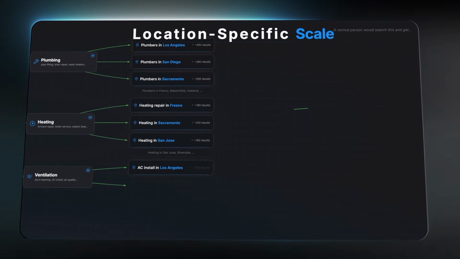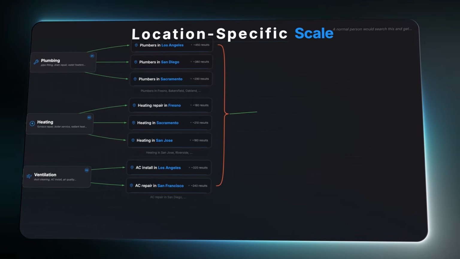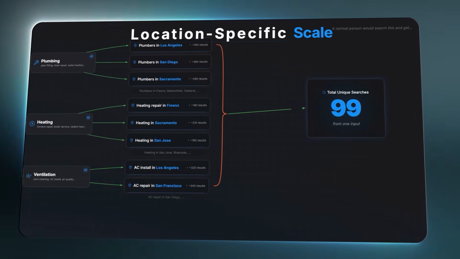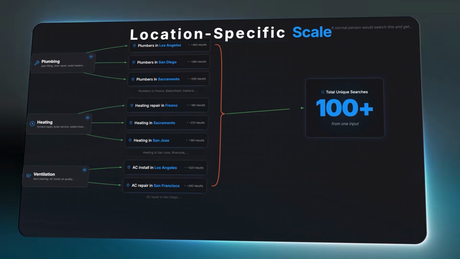So instead of just California, it searches plumbers in Los Angeles, plumbers in San Diego, heating repair in Fresno. You get the idea. So one query from me turns into sometimes hundreds of Google Maps searches and it scrapes all the results. The business name, phone number, website, reviews, ratings, everything. And then it compiles everything into one single spreadsheet.